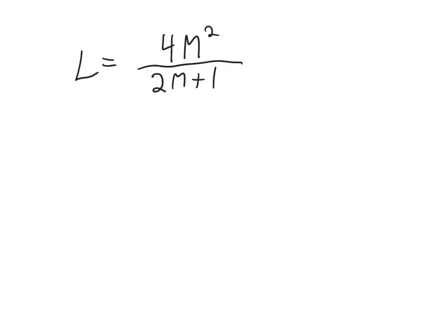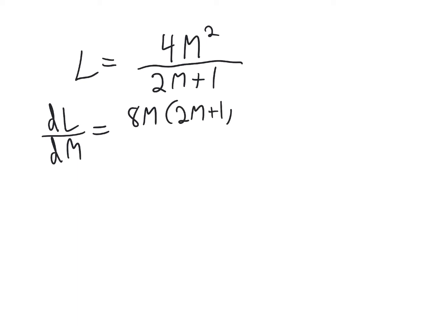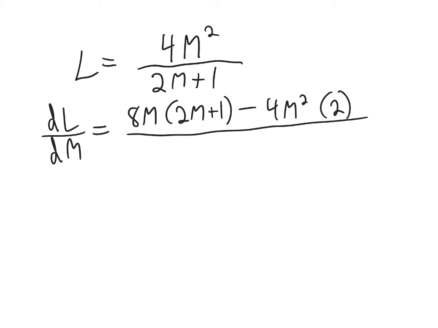Here's an example where we're going to be using the quotient rule. So we take the derivative of the top, rewrite the bottom, minus the top, derivative of the bottom, over the bottom squared.